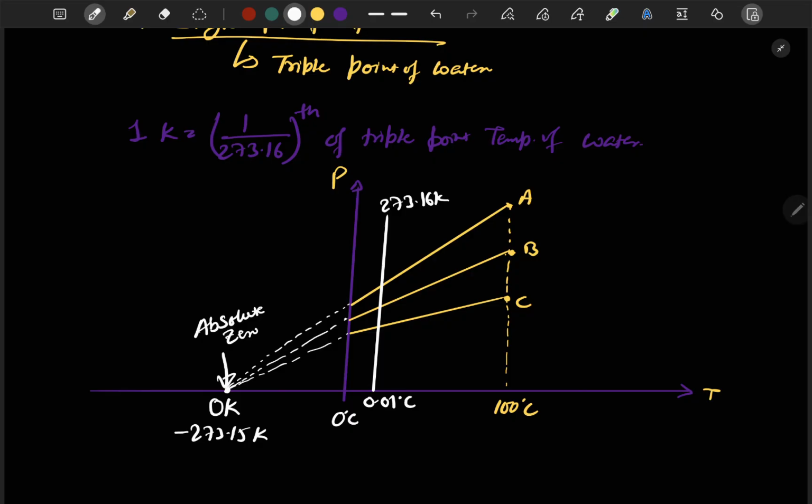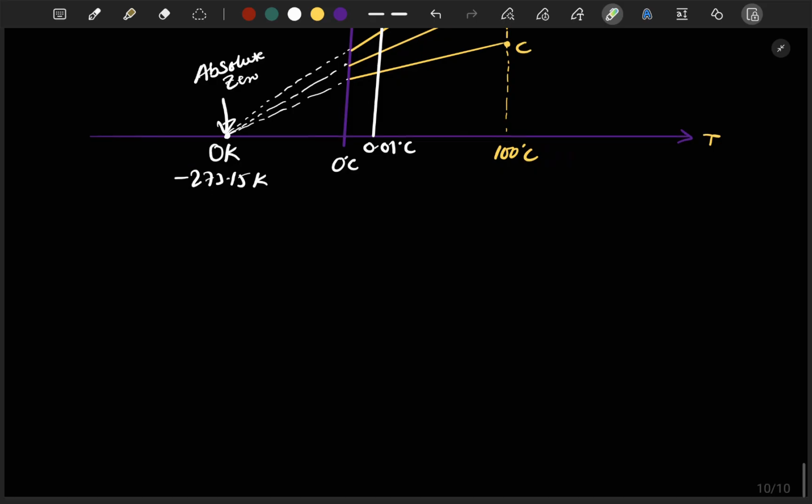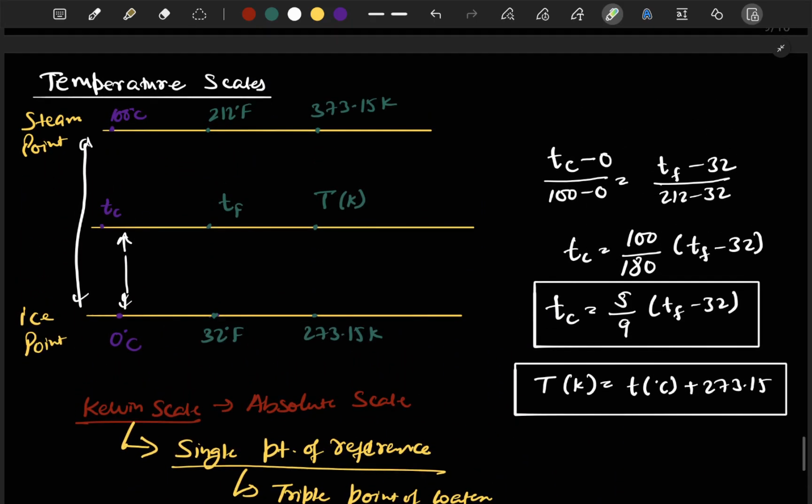So for the Kelvin scale, for any thermometer, we can define the whole temperature range with only a single reference point, that is 0 Kelvin, which is also known as absolute zero. You should remember this.